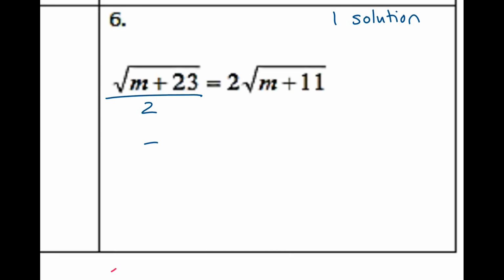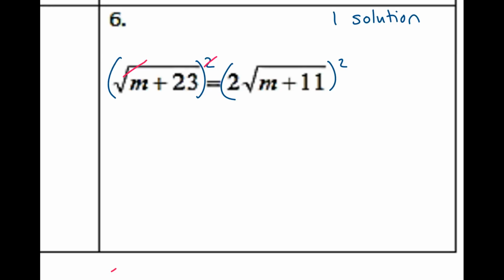No. This is the only time when you have two radicals, one on each side, that you can jump right into squaring both sides. So here, the squares cancel out.